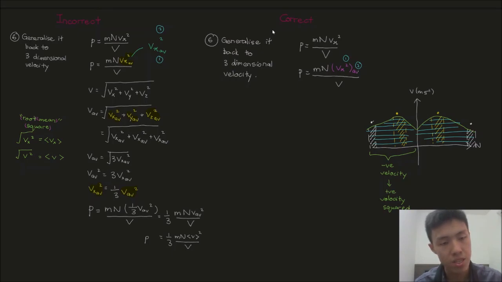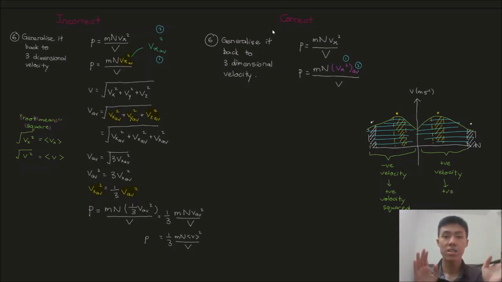Whereas this side, if it's positive, if you square it, it will still be positive. So now everything is positive, there's no negative and positive to cancel each other out. When you do a sum and then get an average, you won't get 0 as your answer because there's no cancelling out.